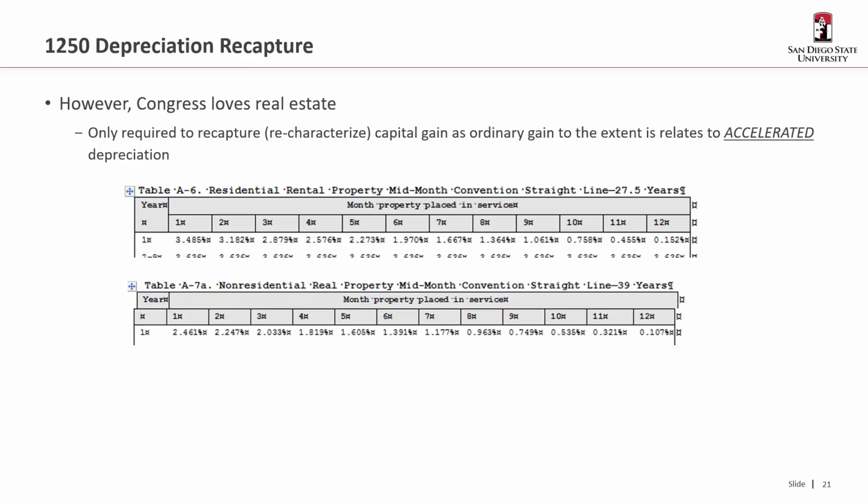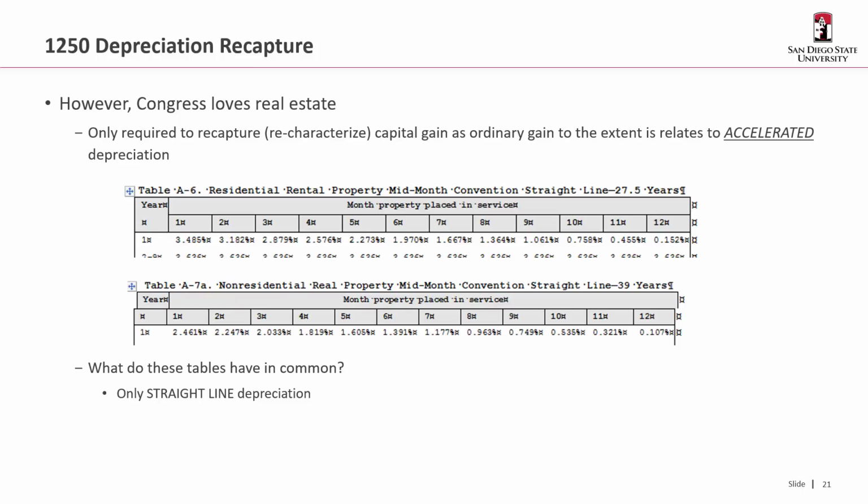So let's take a look at the two tables that primarily cover all real property depreciation and see how they're depreciated. What do they have in common? They're both straight line. One is straight line 27.5, the other is straight line 39 years. As a result, since, I want to say 1986, and the book spends way too much time beating this one up, there's been no such thing as 1250 depreciation recapture.